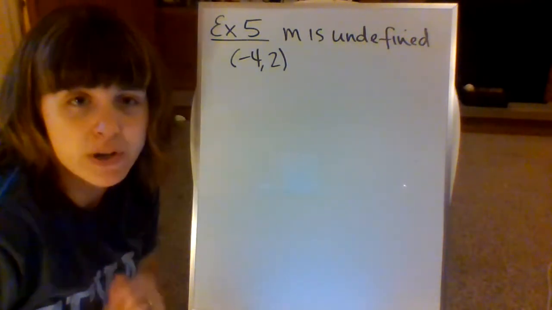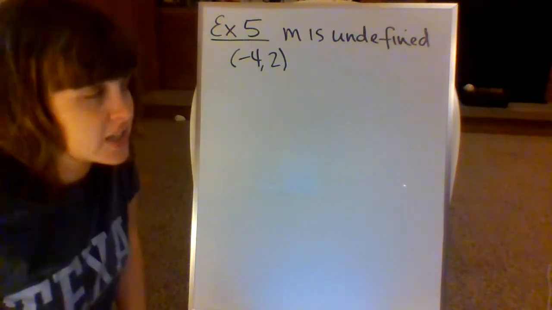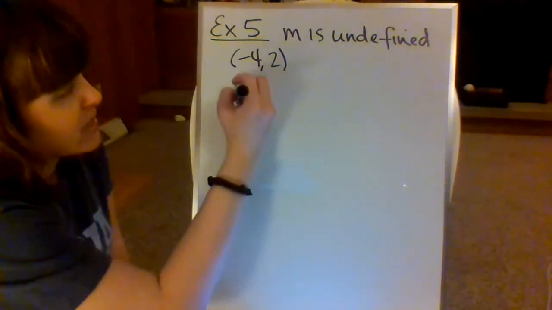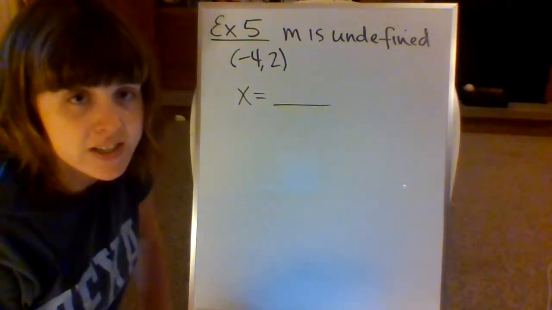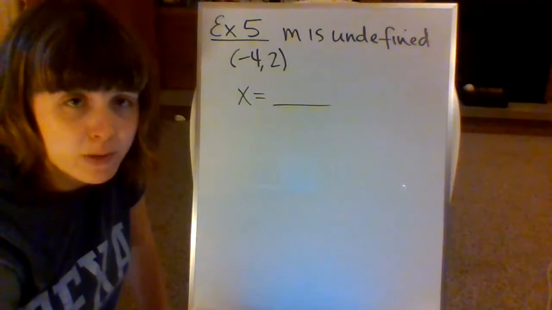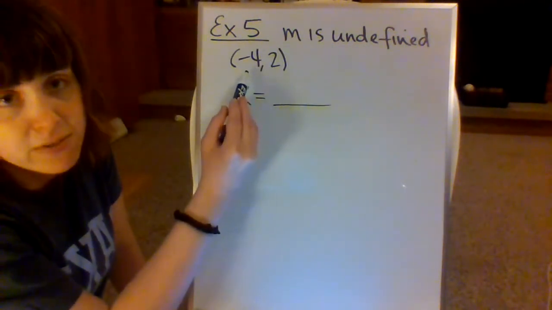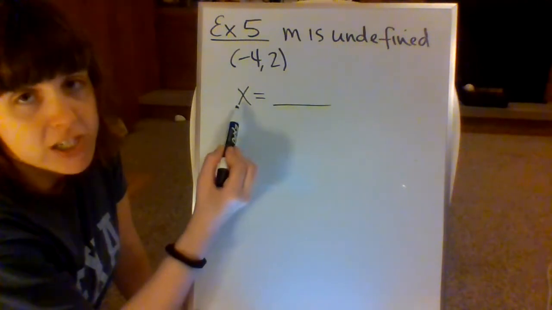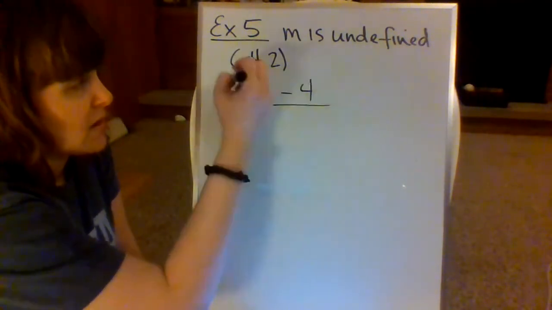That's not a number. You can't use it. So anytime your slope is undefined, your equation is going to be x equals some number. And that number is going to be the x value of your point. So since the x value of our point is negative 4, our equation is going to be x equals negative 4. And that's it.